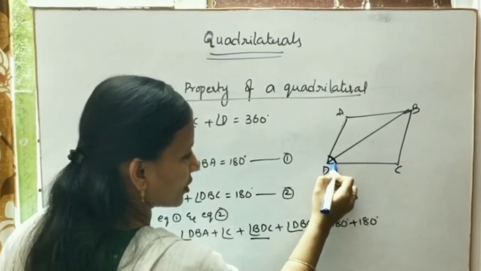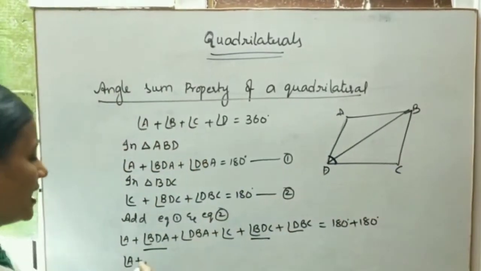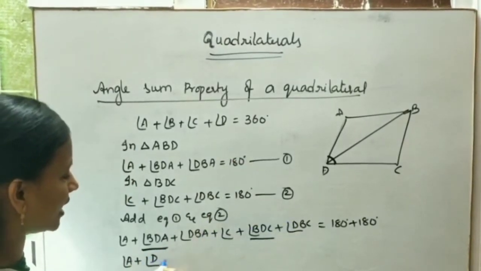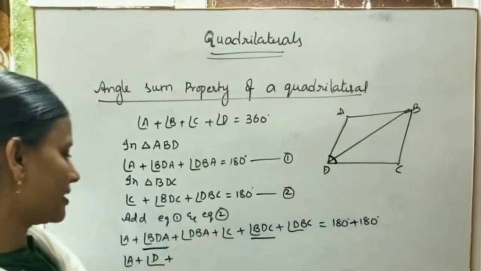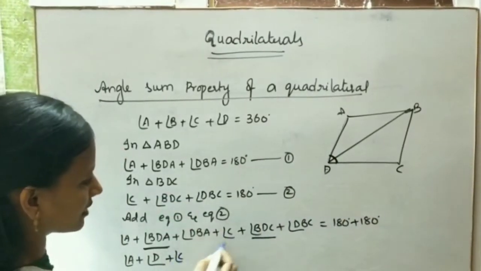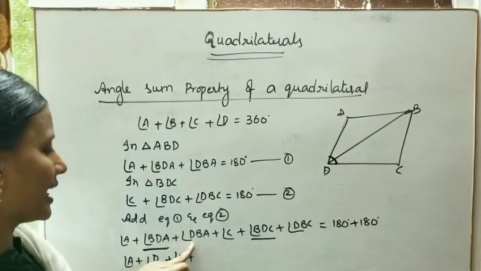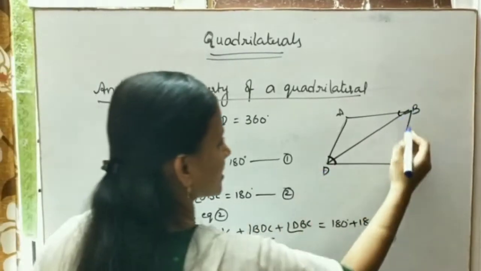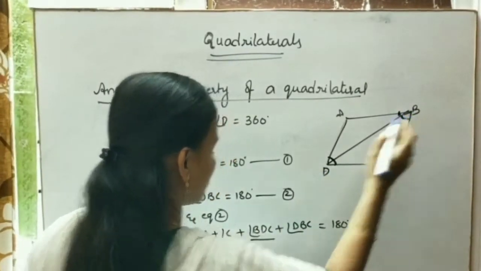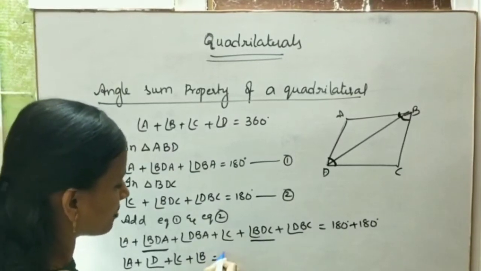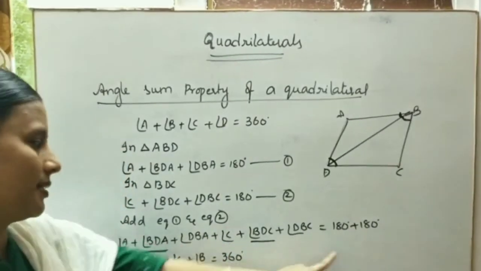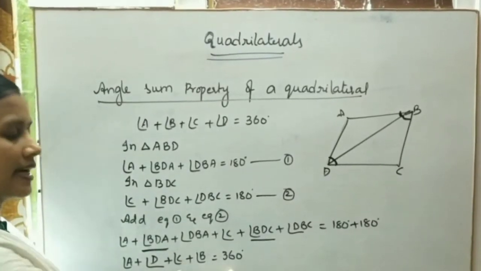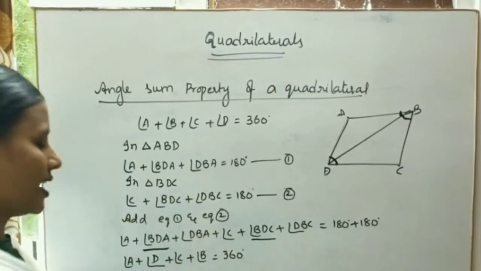So angle BDA plus angle BDC, we can write as angle ADC, that means angle D. And angle DBA plus angle DBC is angle B. That is equal to how much? 180 plus 180 is 360. So sum of the angles of a quadrilateral, angle A plus angle B plus angle C plus angle D, is equal to how much? 360 degrees. Hence proved.